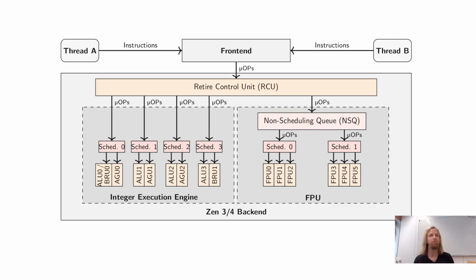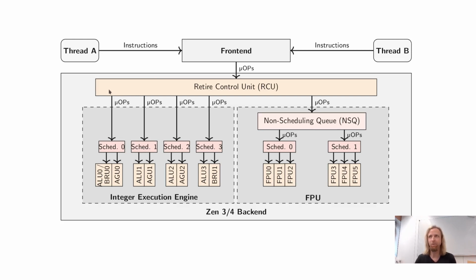First of all, a few basics about how modern CPU pipelines work. Two threads, thread A and B, feed instructions into the front end. We have two threads because it's an SMT machine, and the front end then decodes the instructions into micro-ops, and these go to the retire control unit.